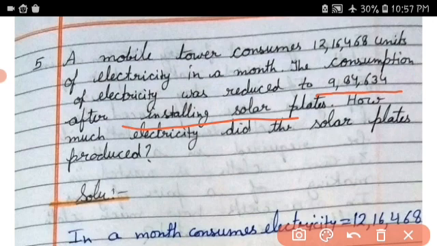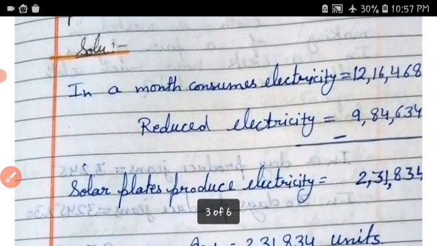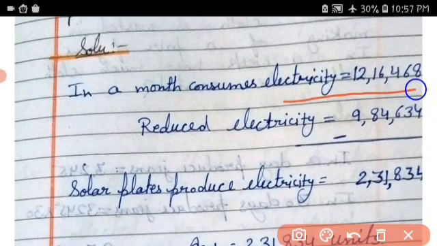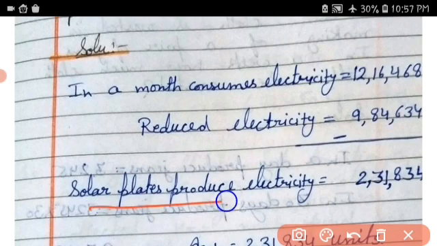How much electricity did the solar plant produce? Now, consumed electricity in the month, reduced electricity, subtract here. Now the solar plant produces 2,31,834 units of electricity, which is the answer.